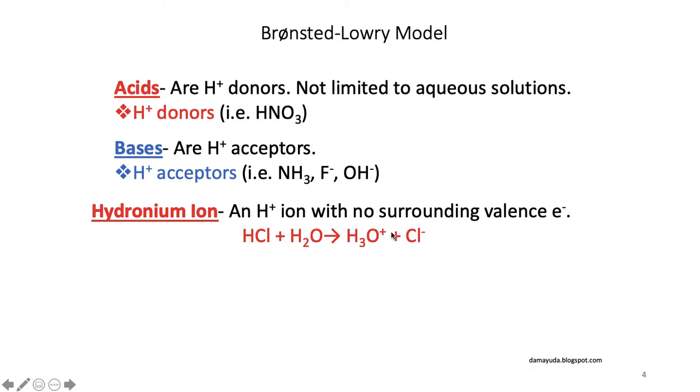Now notice that on the left side, on my reactant side, I have no charge. On my product side, my charges have to add up to 0 because I have no charges here. If I had a charge here, the charges on the product side would have to equal whatever the charge was on this side.